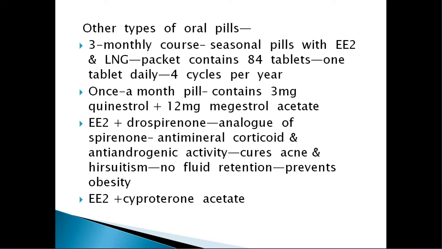So she will have amenorrhea for almost 3 months. That means this is a 3 monthly course. At the end of these 84 tablets, she'll have withdrawal bleeding. So she'll be having only 4 menstrual cycles per year. Some people prefer this, and they find it convenient to have less menstrual bleeding and fewer menstrual cycles to bother about. So this is one way of giving this medication.